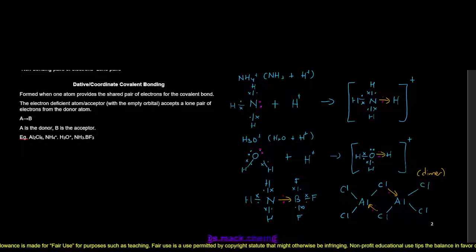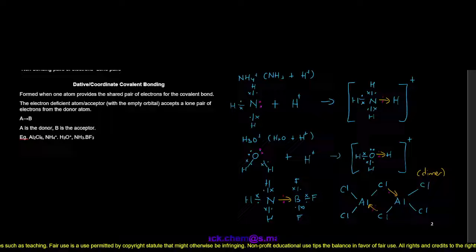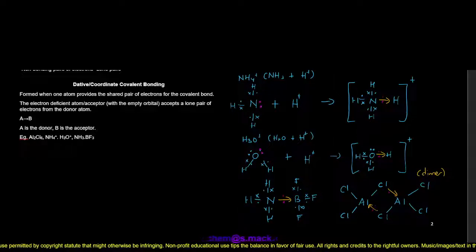For now, this is dative or coordinate covalent bonding, where you need to know a definition for this type of bond, as well as be able to draw the molecule which is formed when a dative covalent bond is formed between the respective molecules as seen.